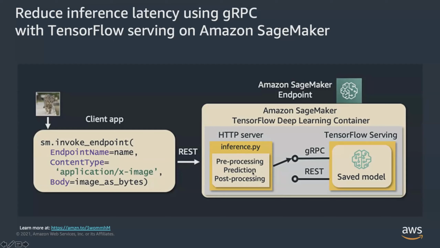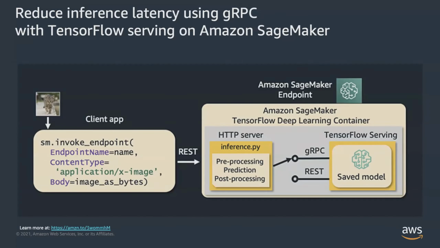You change your code from the REST code to the gRPC code, which can also help you to reduce the latency by 40%. So you can choose from the hardware improvement, as I mentioned earlier, and you use the compilation, and also choose the different instance types. And this one is the software optimization. You change how you interact with the model serving part.